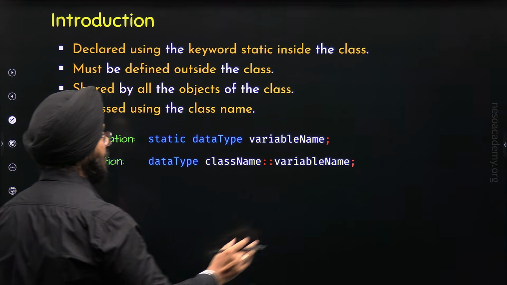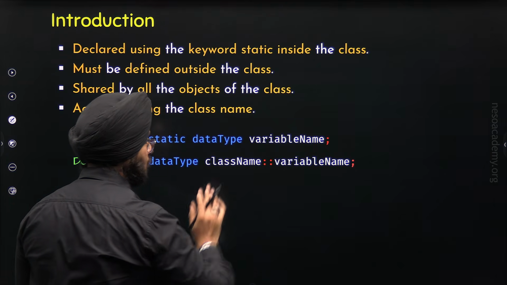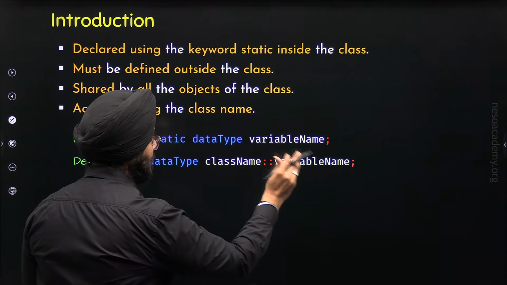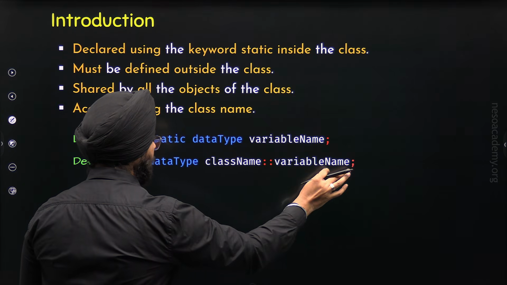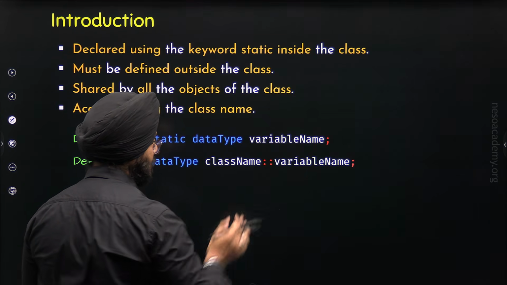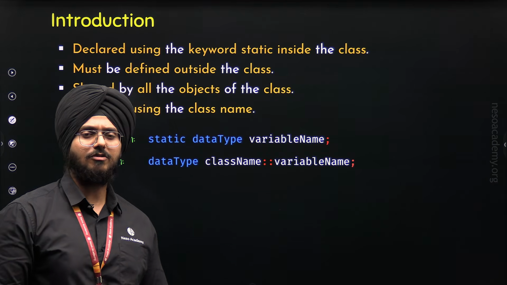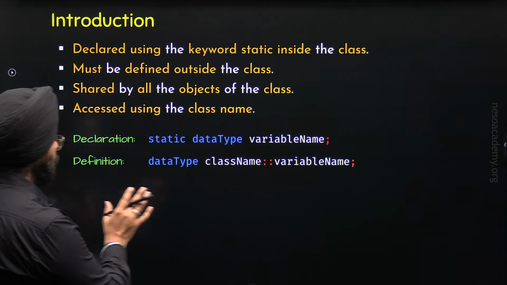We need to provide the name of the static data member after the scope resolution operator. So this is how we can define a static data member. We can also initialize the static data member at this moment. We can use the list initialization or copy initialization or other forms of initialization. I hope this is clear to you.